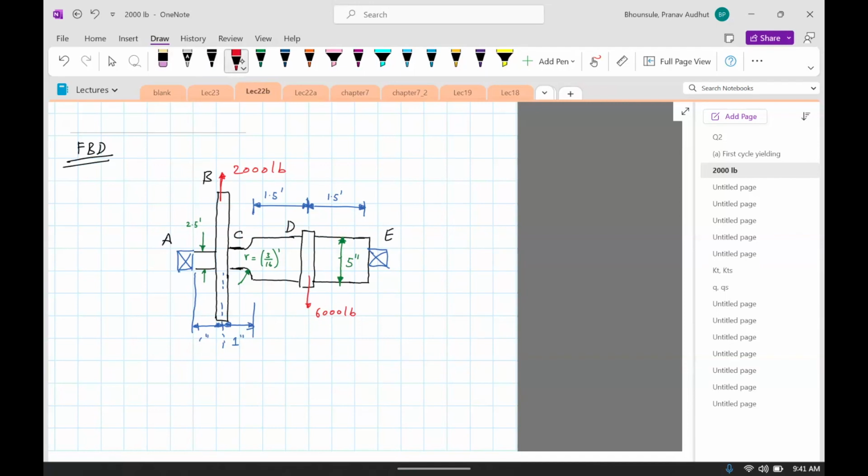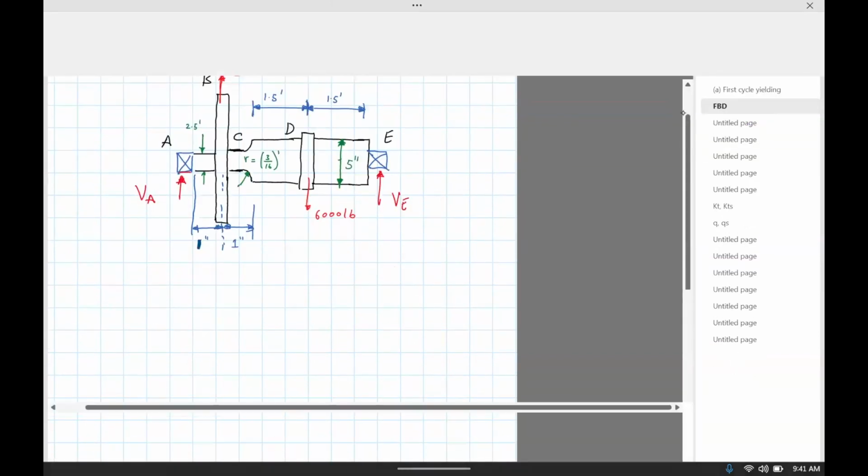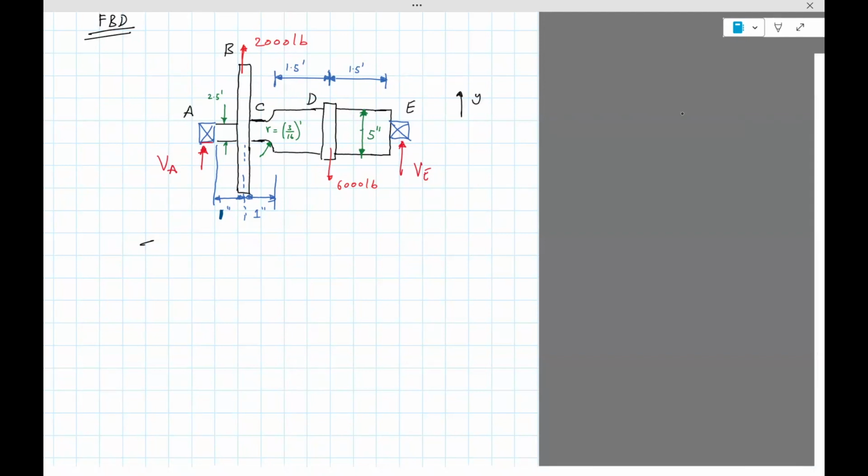Okay, so in the FBD here, we assume that the bearings are simply supported. So let's say there's a vertical reaction force here and a vertical reaction force here, VA and VE. So what we can do is compute VA and VE because we need the shear force and bending moment diagram. So let's do the summation. This is the Y direction, this is the X direction.